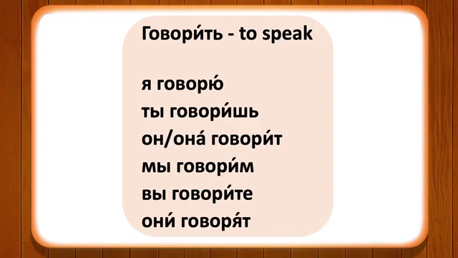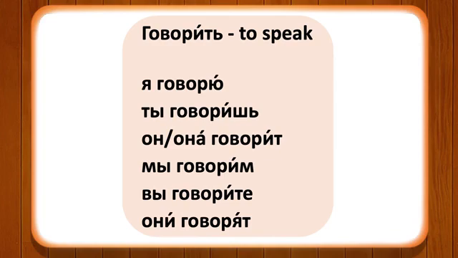Govorit' means to speak. The stem of the second conjugation verb govorit' is govor. Now, after removing the last 3 letters, you get the stem of the verb govor. And to this stem, you add those corresponding endings to get the present tense form of the verb govorit'.